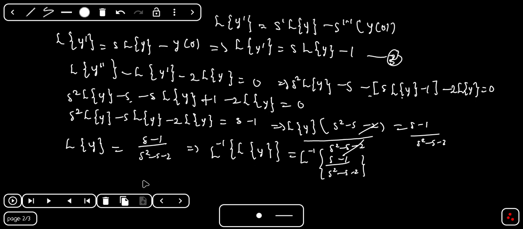So that is where we are now. So the inverse Laplace of y will give us y of t. So we have y of t, which is equal to the inverse Laplace of s minus 1 over s raised to the power of 2 minus s minus 2. So let's do that in a new page.